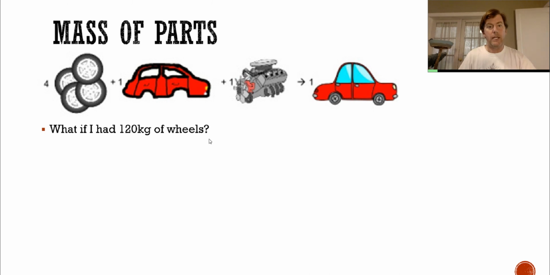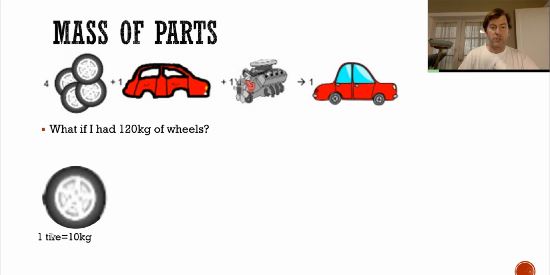That's right. You need to know the mass of each wheel. So one wheel, is what I should have said there, is 10 kilograms. So let's say that's the case. To do my math here, I would start with my given: I have 120 kilograms, and my ratio is I want to get rid of kilograms and I want to get wheels.